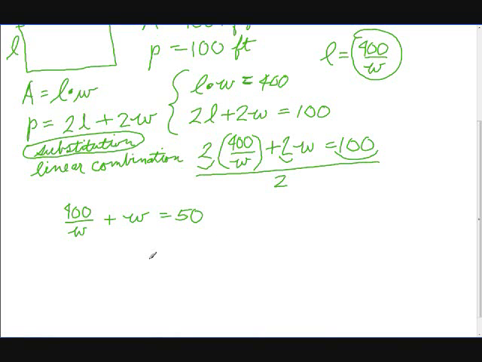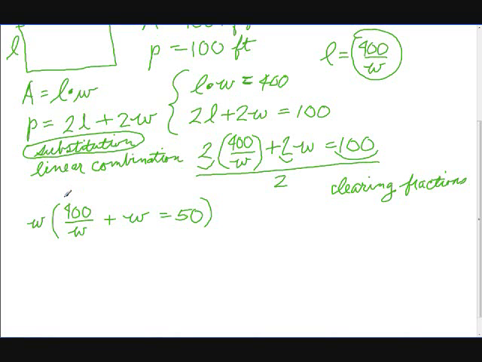Okay. It's still a problem, though, because I don't like this W in my denominator. Do you remember what we did in cases like this? We called it clearing the fractions. How did we clear fractions? We found a common denominator, and then we multiplied the whole equation by that.